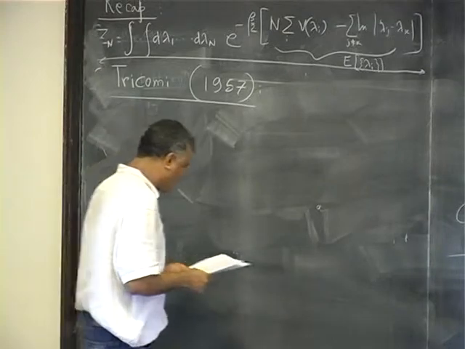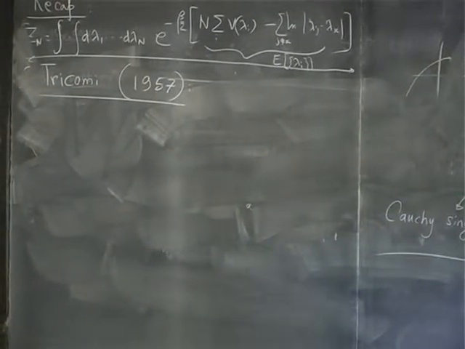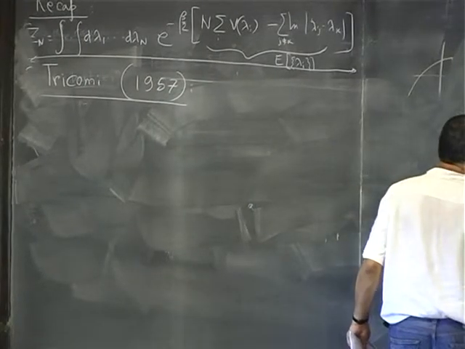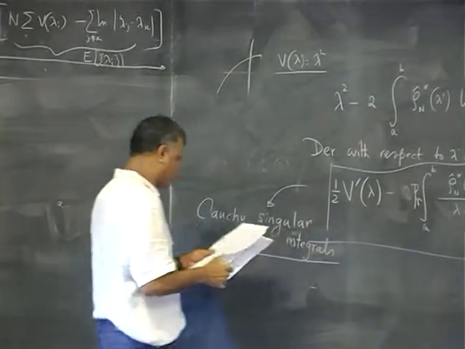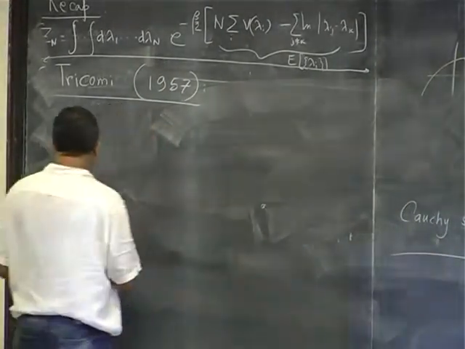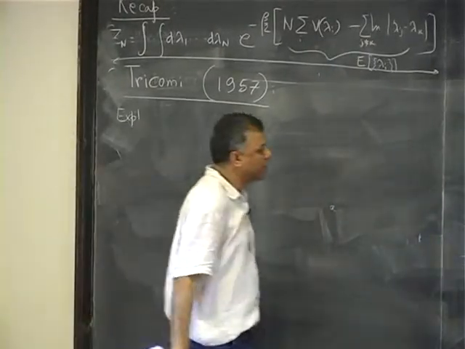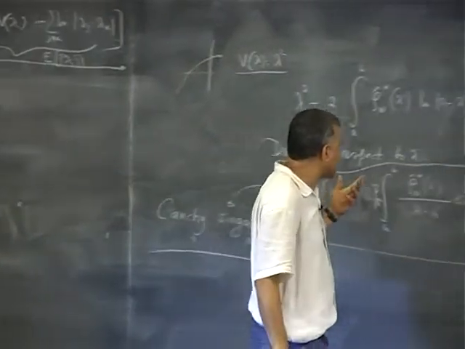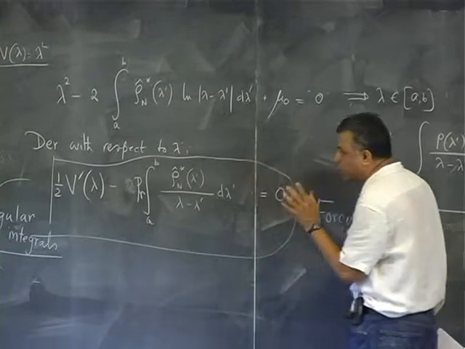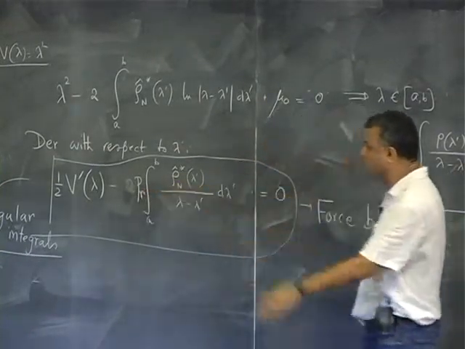Tricomi actually found a general solution to the following problem. Here I just divide this by 2 and write half times that. So, an explicit solution. Just think of this as electrostatics. The electrostatic analogy is a bit vague here because of this principal part, because your charges are sitting on a real line.